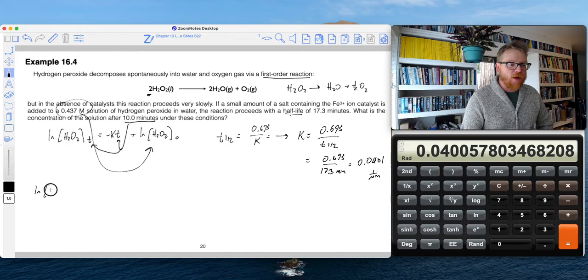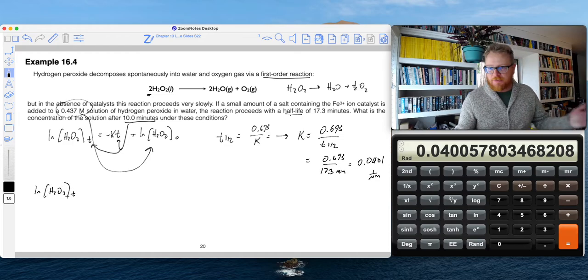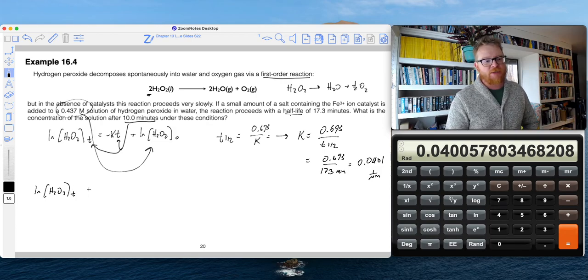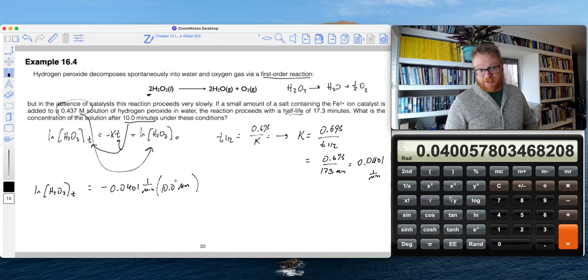We have the natural log of H2O2 at time t, and that time is 10 minutes. Perfectly fine to leave that t right there. And so now that's going to be negative 0.0401 1 over minutes times 10.0 minutes. So you can see the minute and the minute unit will cancel, which is good. And now that's plus the natural log of the initial hydrogen peroxide concentration, which is the 0.437 molar.